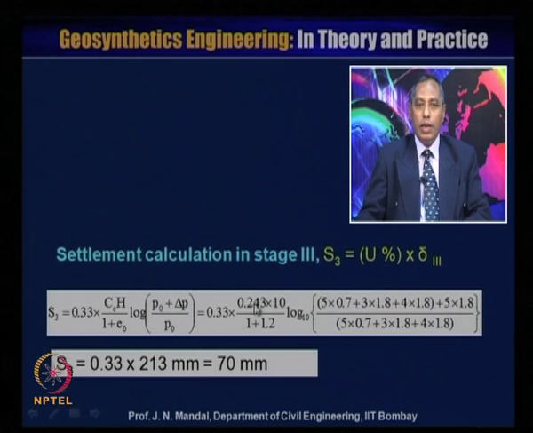That means 0.33 into 0.243 into height 10 divided by 1 plus E0 1.2, log 10, where P0 is 5 into 0.7 plus 3 into 1.8 plus 4 into 1.8, plus delta P 5 into 1.8, divided by P0, which is 5 into 0.7 plus 3 into 1.8 plus 4 into 1.8. So, if you calculate, you can obtain the settlement in stage 3, S3, equal to 0.33 into 213 millimeter, that is 70 millimeter.